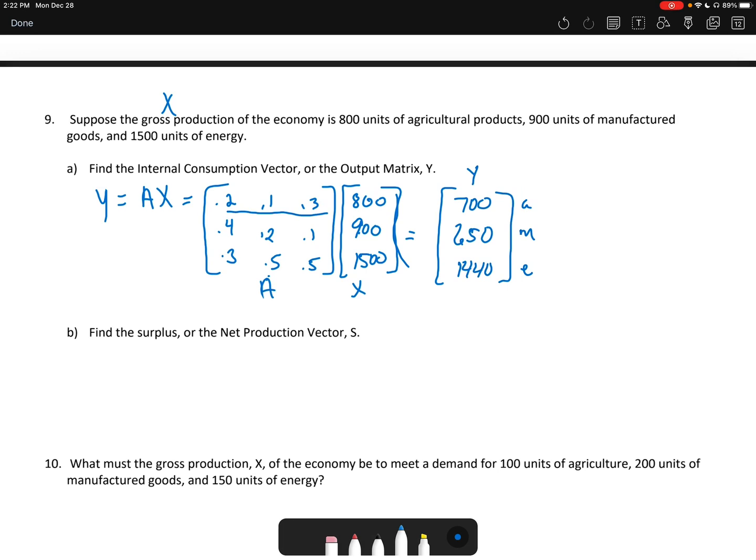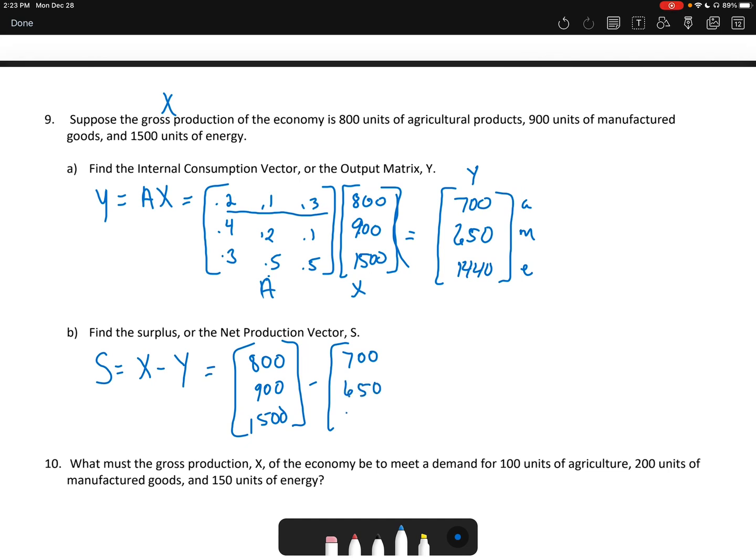Now, if we want to find the surplus, what's left over, that's X minus Y. So the gross production of all of these minus what's already being used out of each sector. You have to do it in this order because you have to find the Y to subtract first.